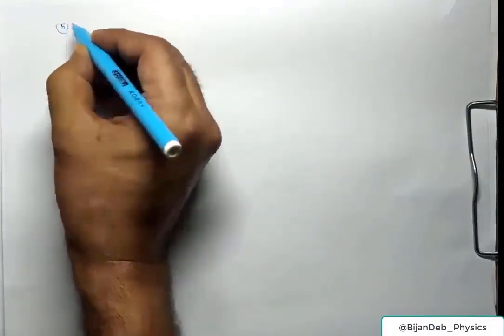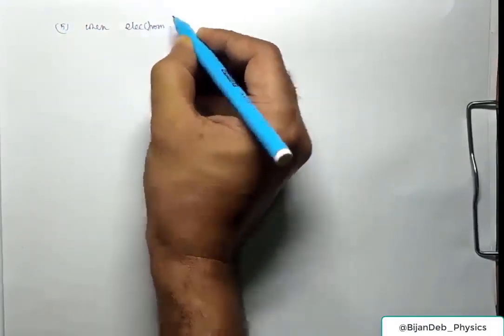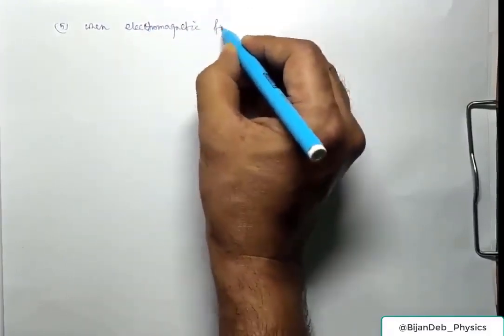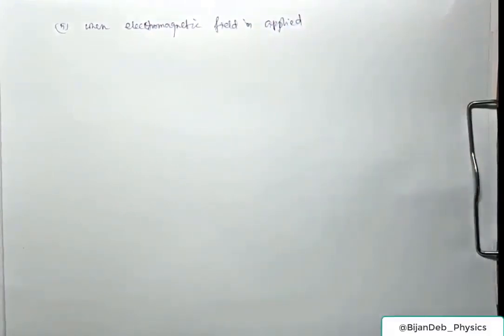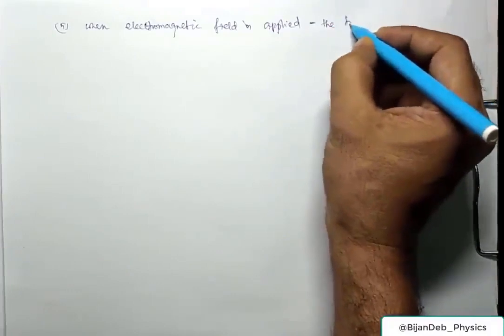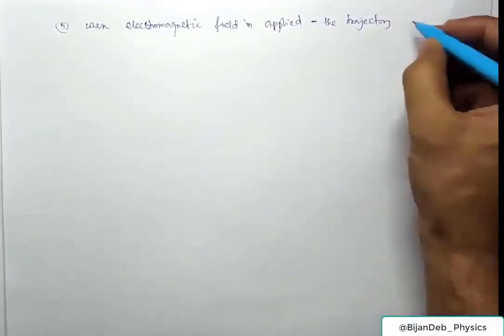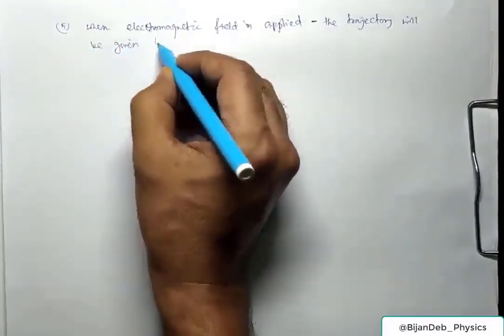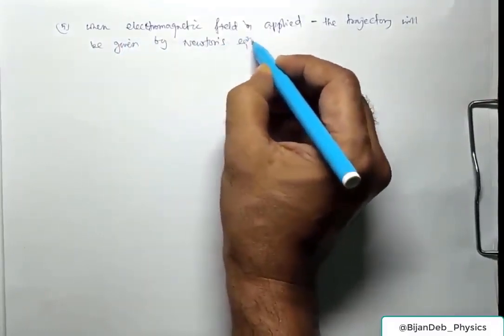Next assumption is when an electromagnetic field is applied, the trajectory will be given by Newton's equation or law.